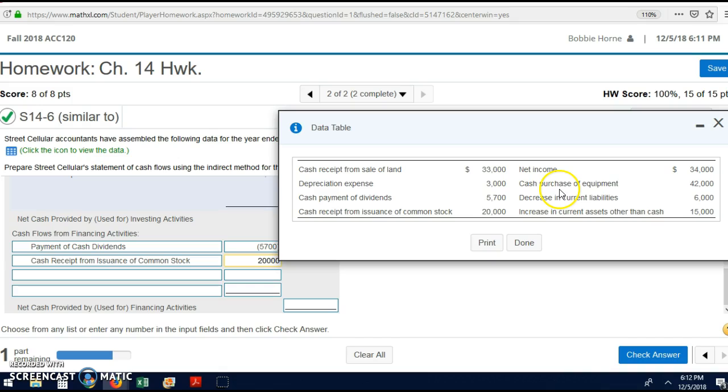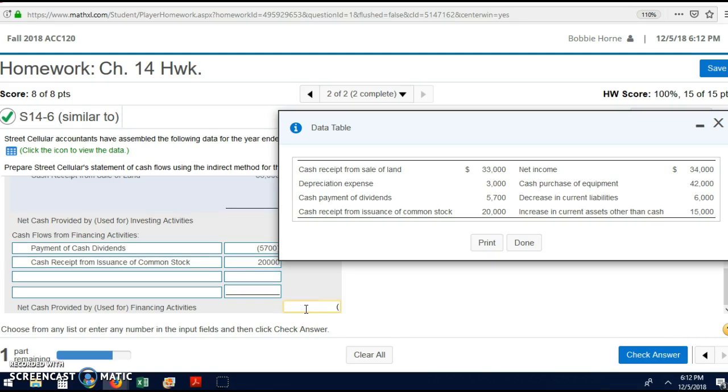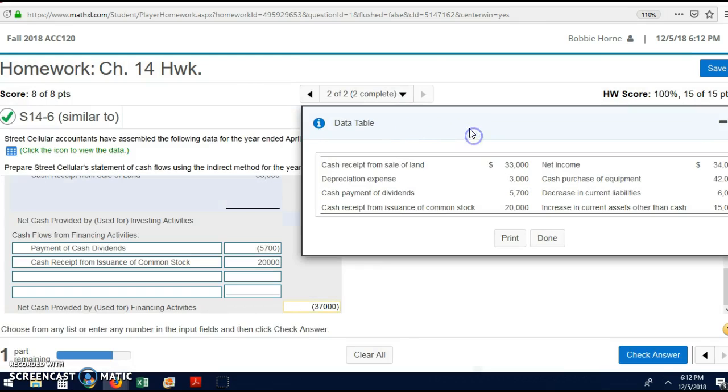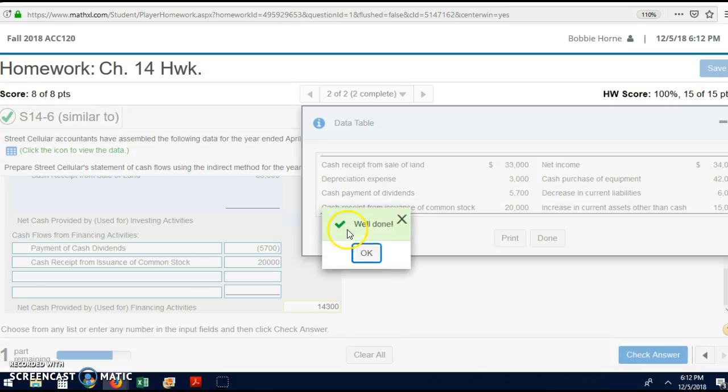Stock. Purchase of equipment. Decrease. Okay, I think that might be it. Let's see. That's 5,700. Okay, so that's not going to be a negative. That would be 14,3, I believe.